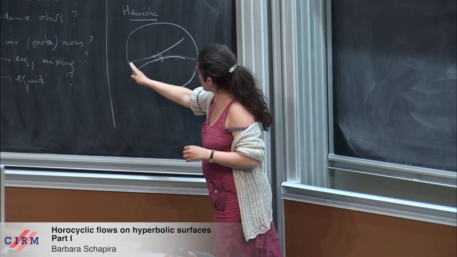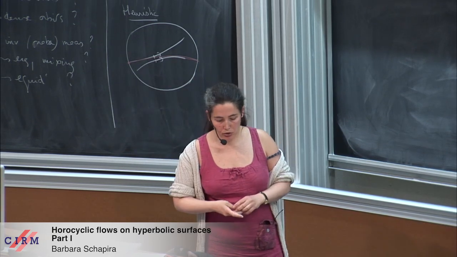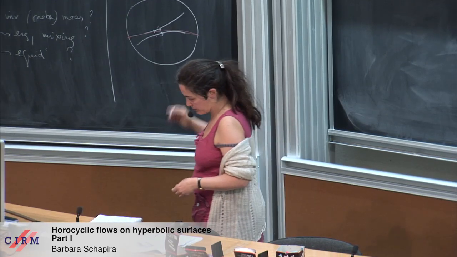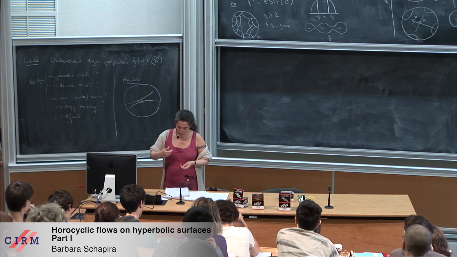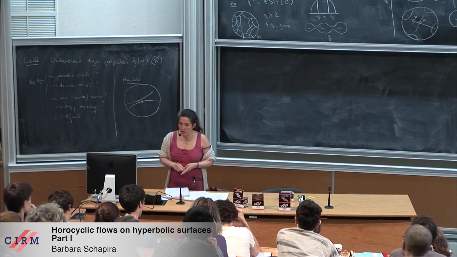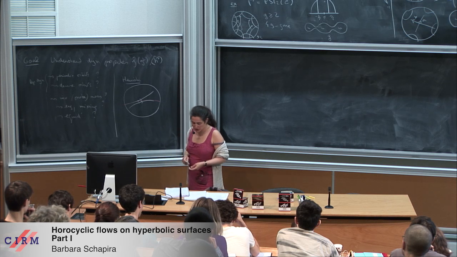You can glue the past of the geodesic flow and the future. And this local product structure is the reason why the geodesic flow will be very chaotic. It will have entropy and mixing properties.